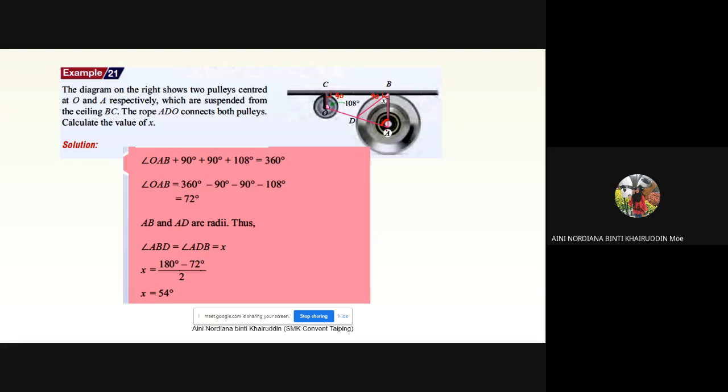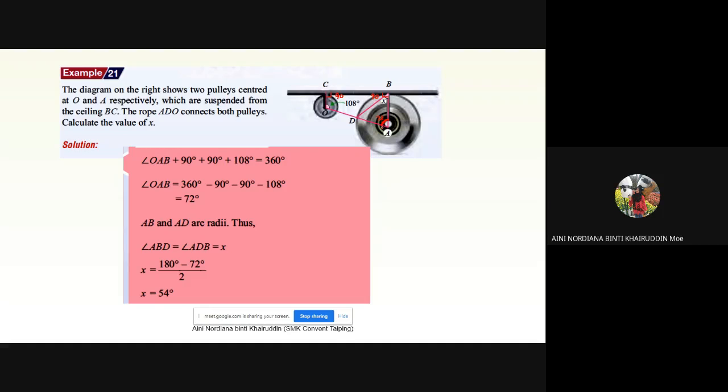Sorry, not 180, because COAB is a quadrilateral. So to calculate A, 360 minus 90 minus 90 minus 108. Then you will get 72. So the angle here is 72.